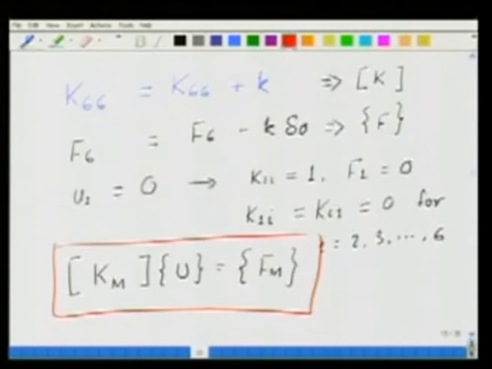So, you see that here, because of the spring at the end x equal to L, even the stiffness matrix needed a modification.